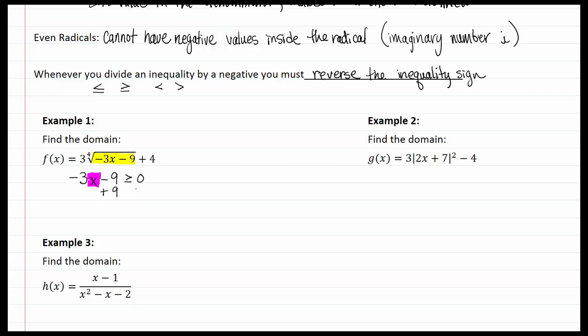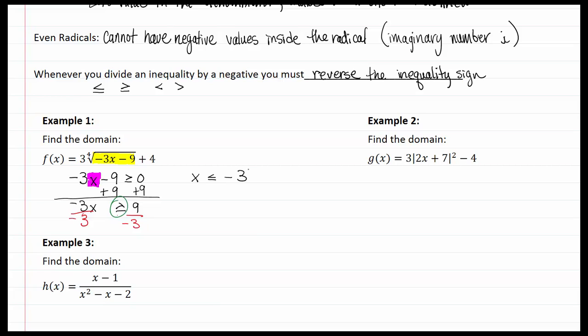Let's add 9 to both sides. And now we have negative 3x is greater than or equal to 9. And now we're going to have to divide by -3. And remember, if we divide or multiply by a negative, we have to flip that inequality over. Now we're looking at x is less than or equal to -3.